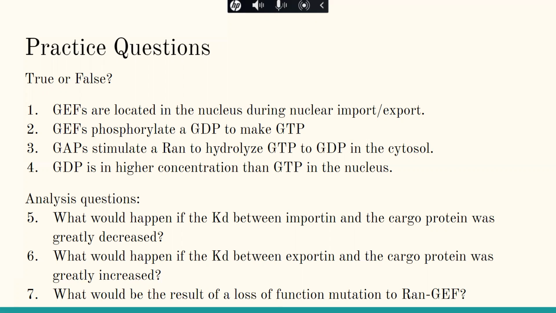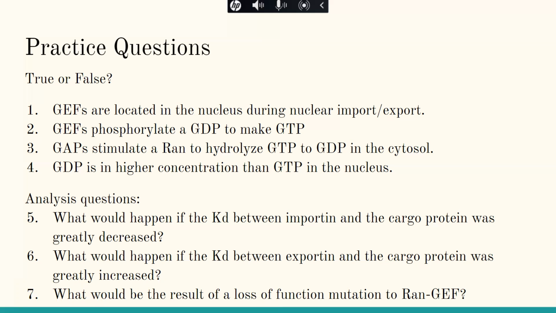So a decrease in KD means an increased affinity. So maybe in general it would pick up a higher concentration of importin receptors. Yeah, if the KD between importin and the cargo protein was greatly decreased, the affinity would increase.